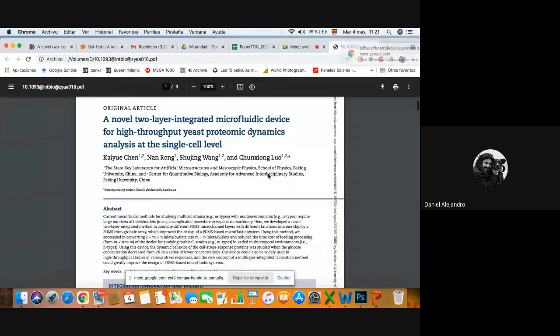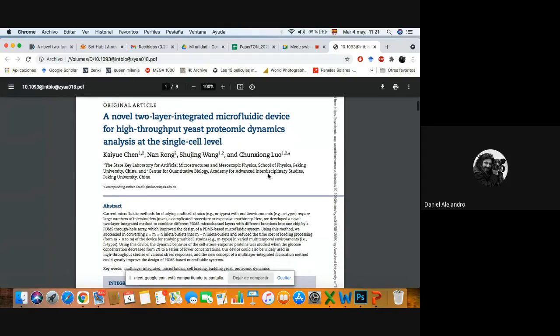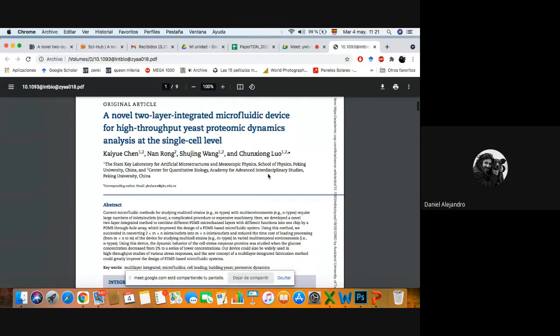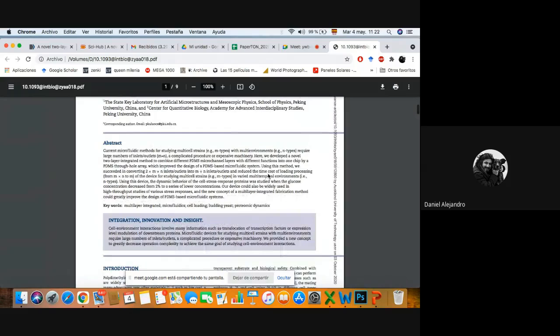I'm going to present a novel two-layer integrated microfluidic device for high-throughput yeast proteomic dynamics analysis on single cells. Basically, when we have to probe several strains of cells, we need to make different chips, different devices for different conditions or for different strains.